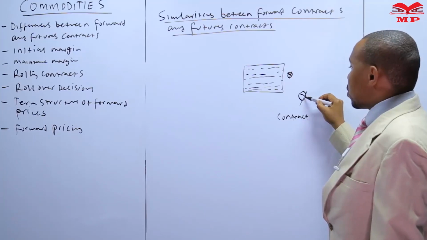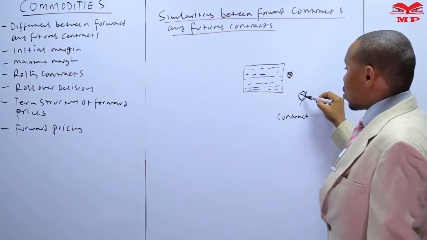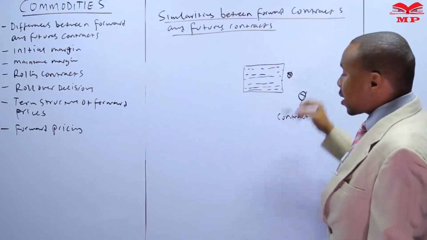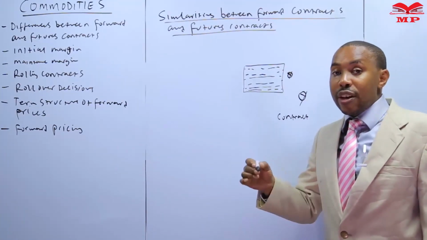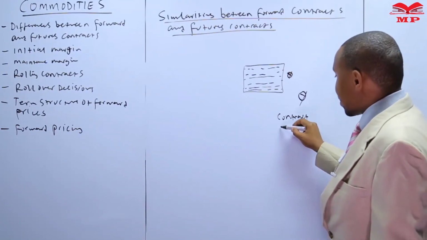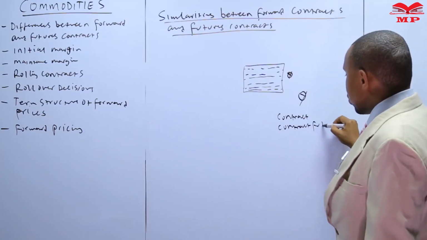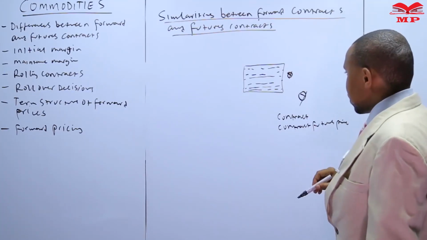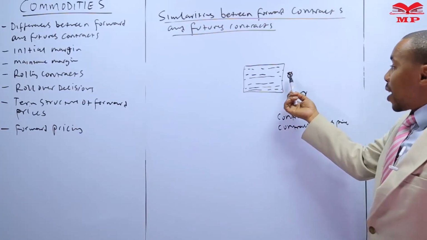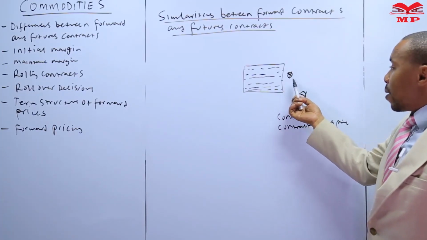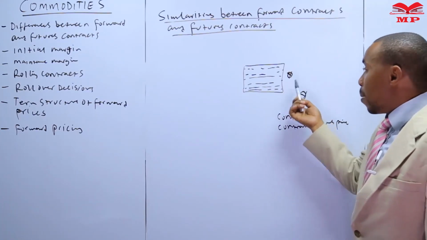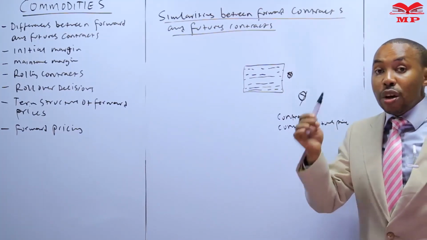From Y's perspective, they enter into the contract with the intention of buying the maize from X. X, on the other hand, will enter into a contract with the intention of selling the maize to Y. There must be a contract futures price, such that when Y and X enter into an agreement, the price at which X will sell to Y and the price that Y will purchase from X should be harmonized.